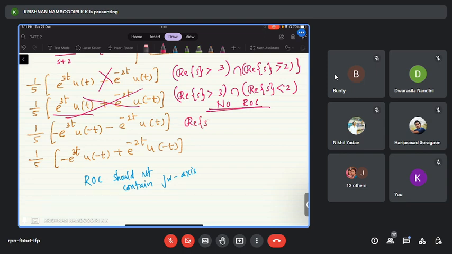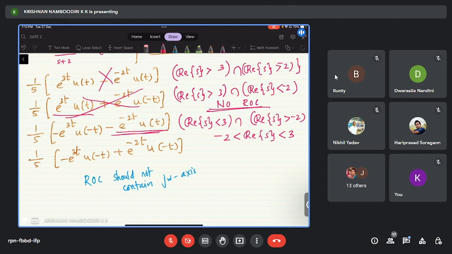Agree? Now the third option. Real part of s less than 3, the first part, intersection with, this is right sided, right? Real part of s greater than minus 2. So what is the total ROC? Minus 2 less than real part of s less than 3.